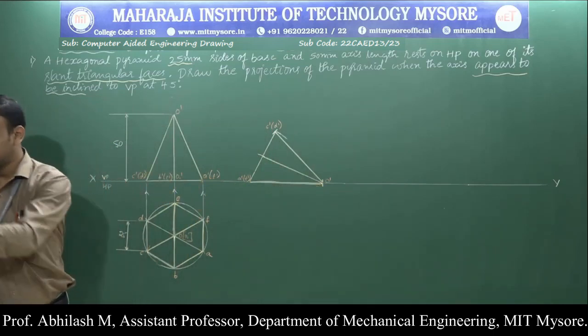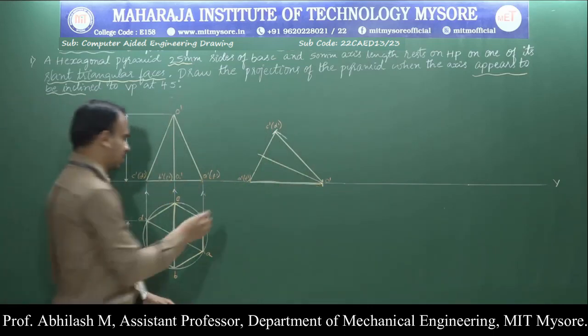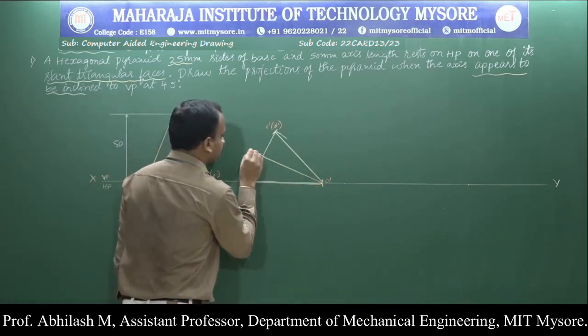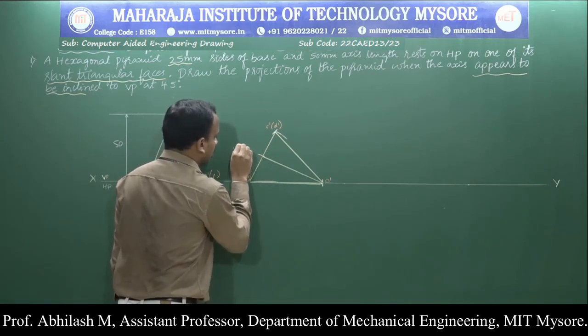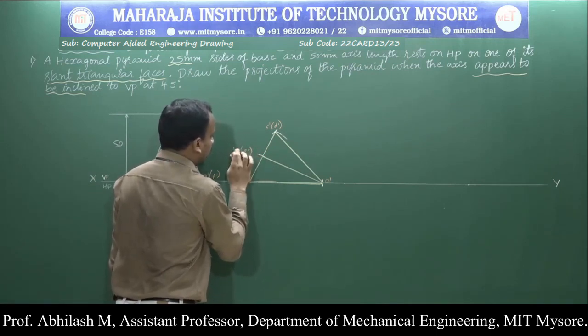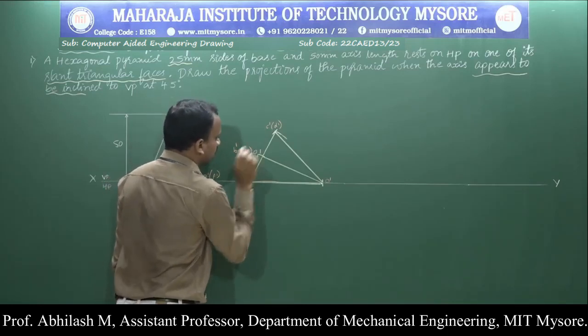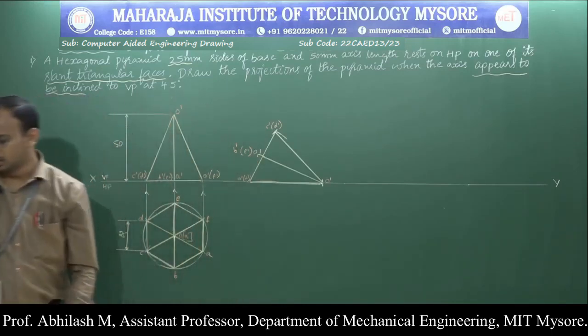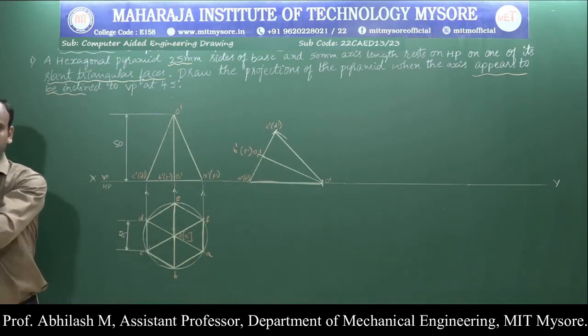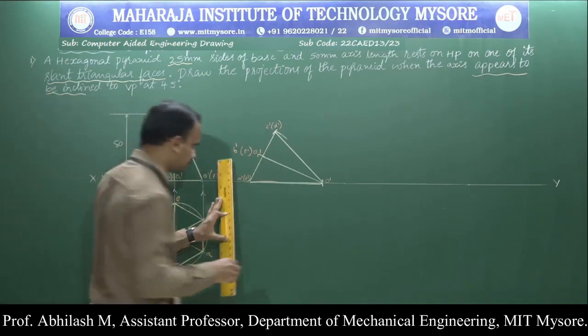So name the parts, that is B dash of E dash, along with it is also O1 dash. Now draw the projection lines in order to complete the second position.